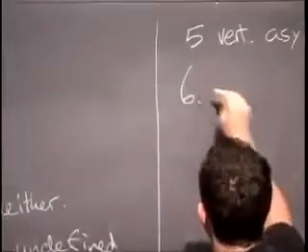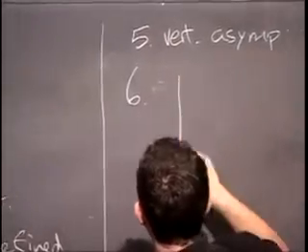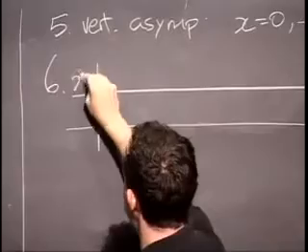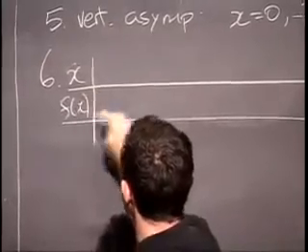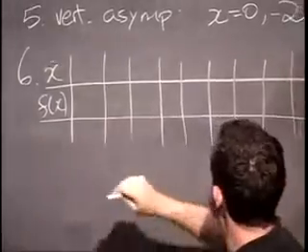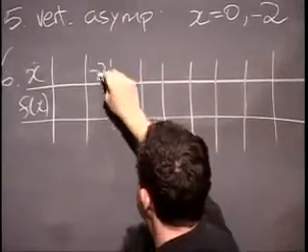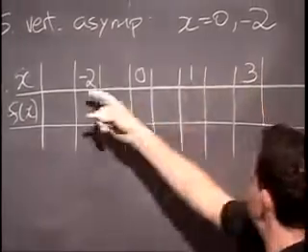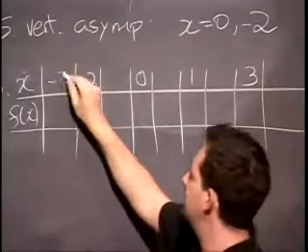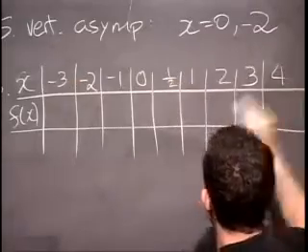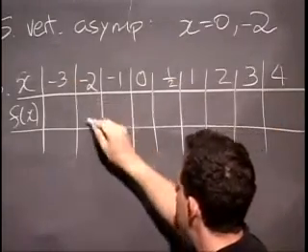Okay, well, step 6 calls for the sign of the function, but I've already done it. Just to remind you, here it is in context. The idea was that I put in the vertical asymptotes and the x-intercepts in ascending order and then filled in the cracks with sample values.